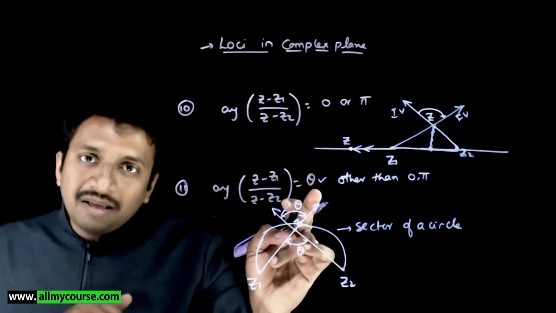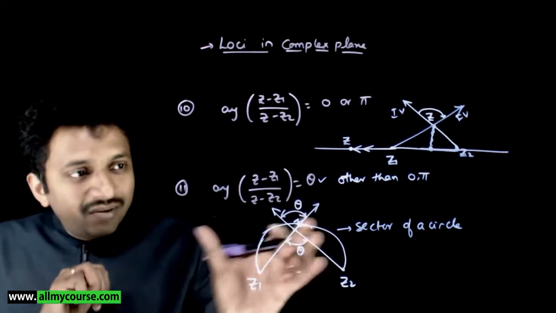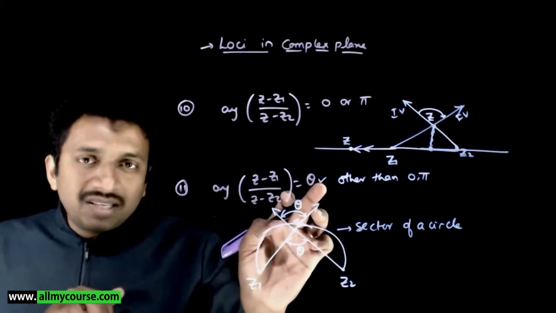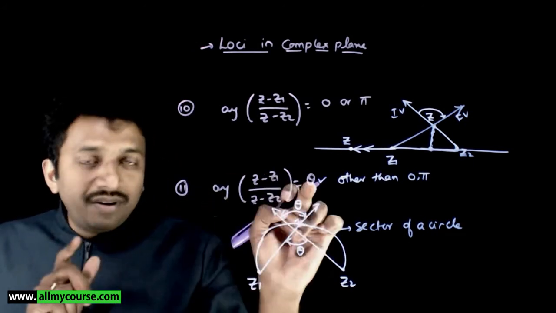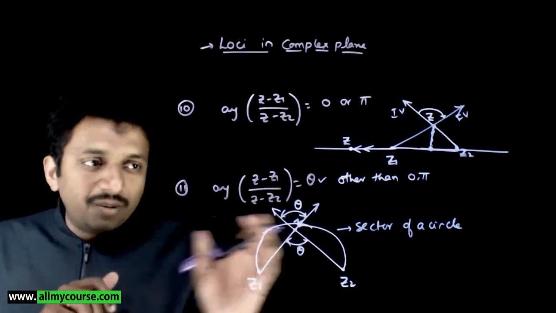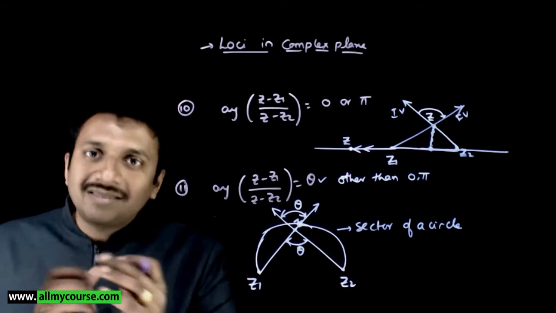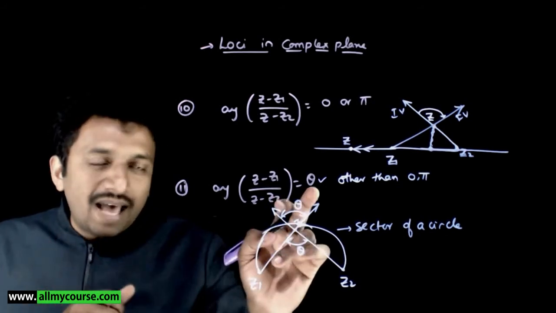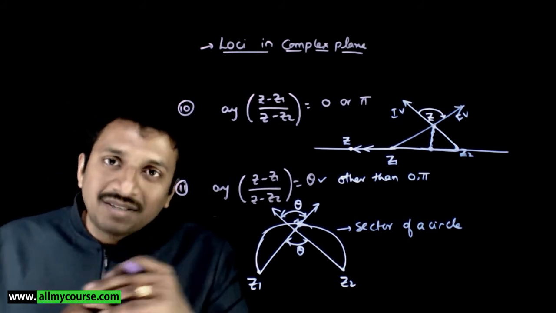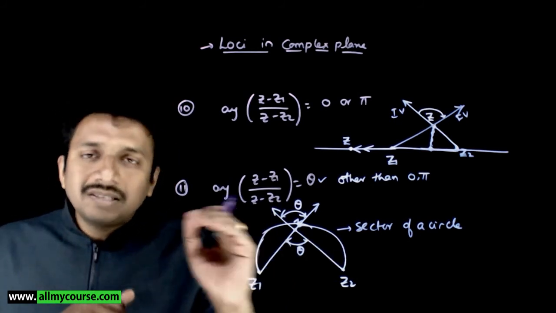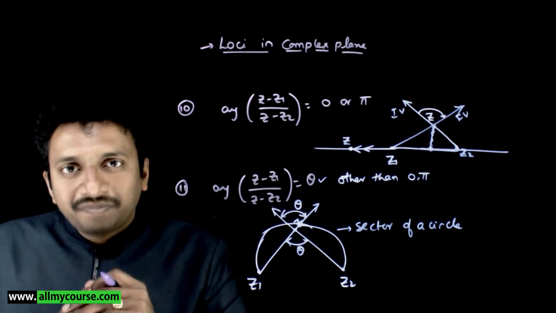If it is exactly plus pi by 2, it will represent a semicircle. If it is equal to minus pi by 2, it represents the other part of the semicircle. If it is equal to plus or minus pi by 2, it represents both parts, hence the complete circle. If the angle is any number other than plus or minus pi by 2, you won't get a complete circle. You get some sort of sector of a circle. Thank you.